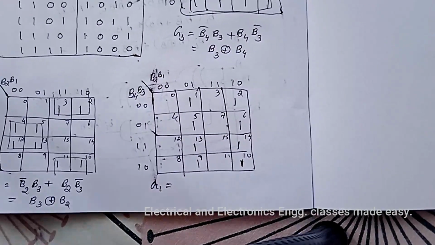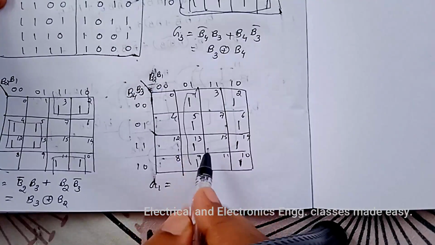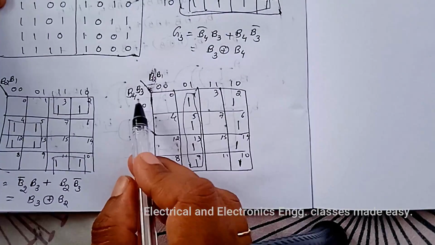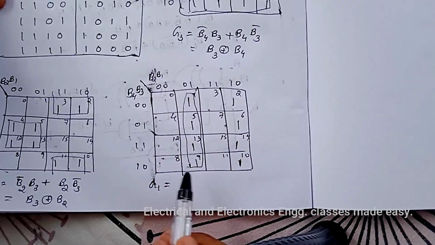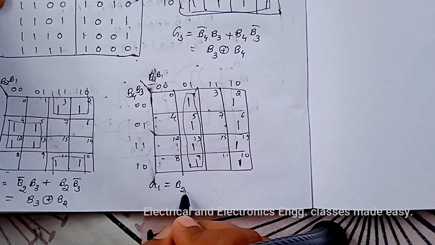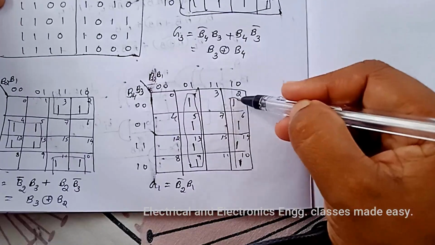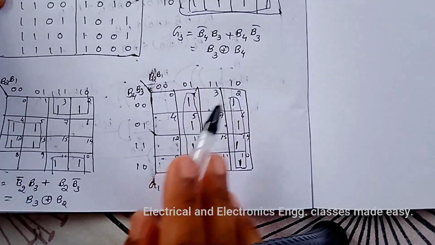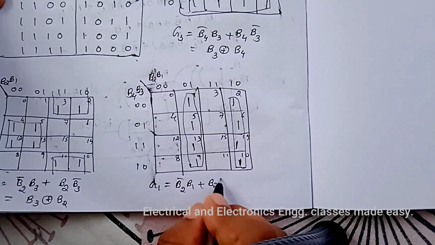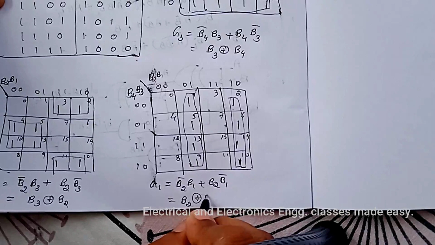So here, while minimizing these four squares, we can combine, and here both b4 and b3 are changing, so here we can write b2 bar into b1, and here also we can combine these four squares, and that is equal to b2 into b1 bar, and that is b2 XOR b1.